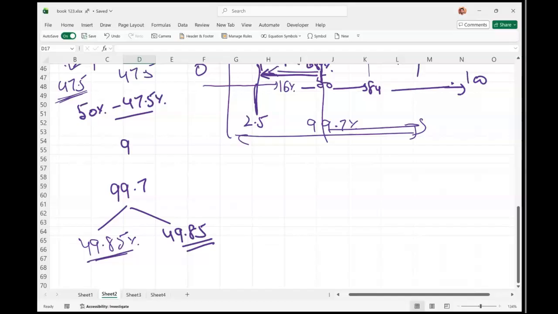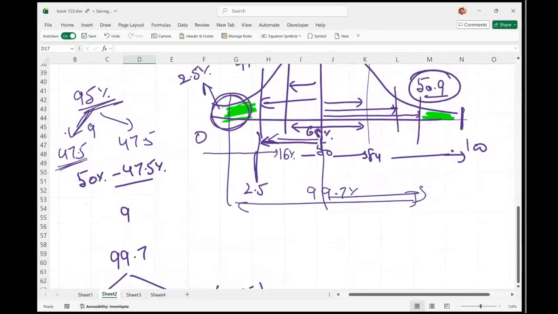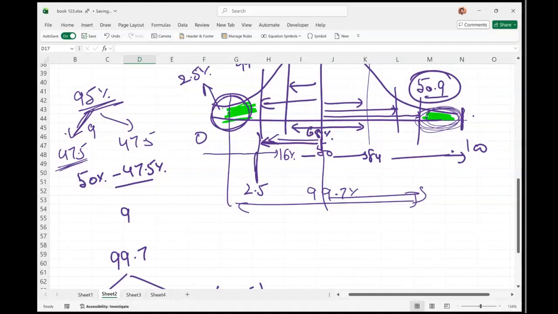So the spare value is 0.15% on the right hand side, and spare is 0.15 on the left hand side. So this section which is spare, it is 0.15% of the total area.